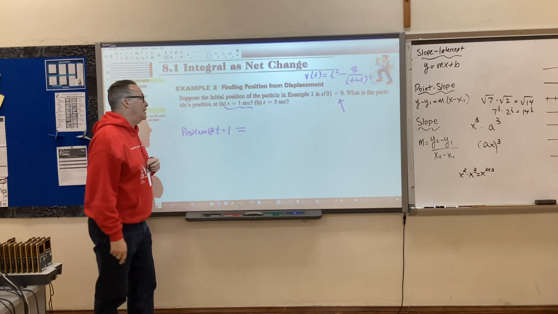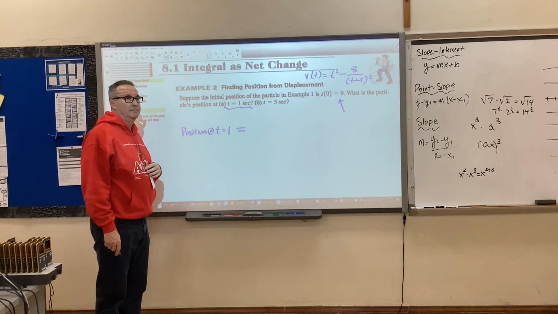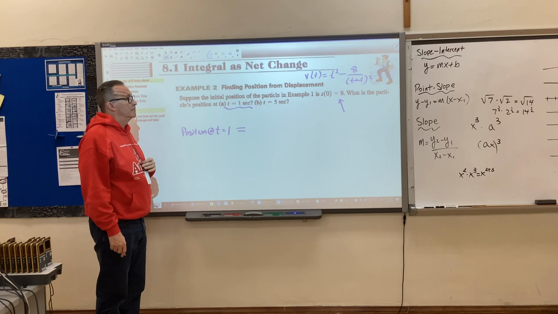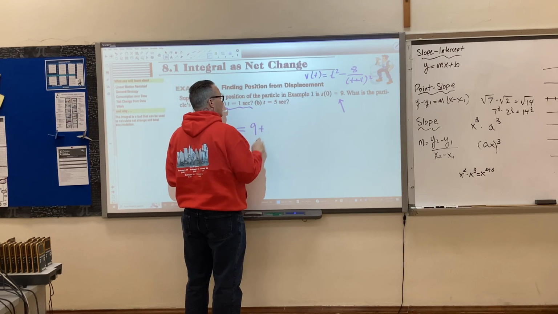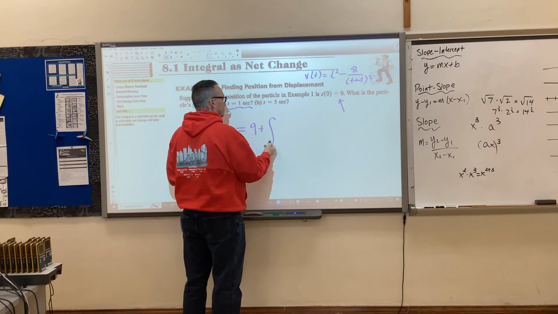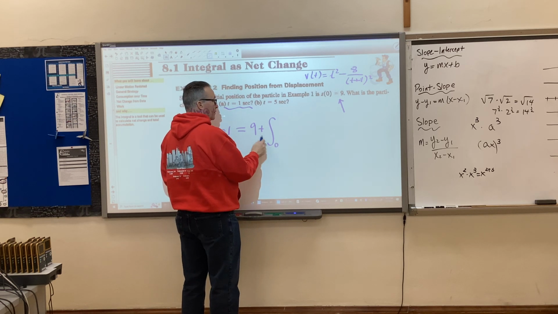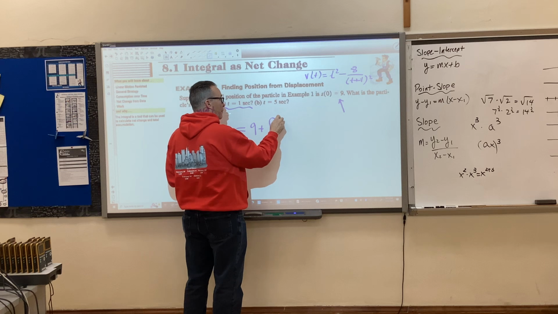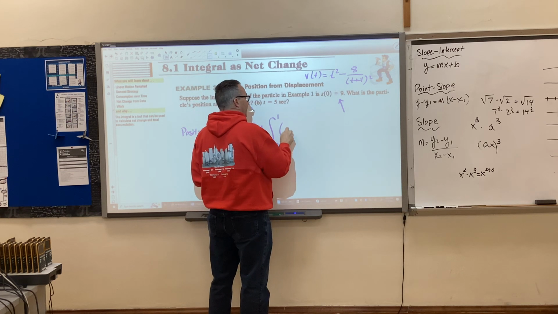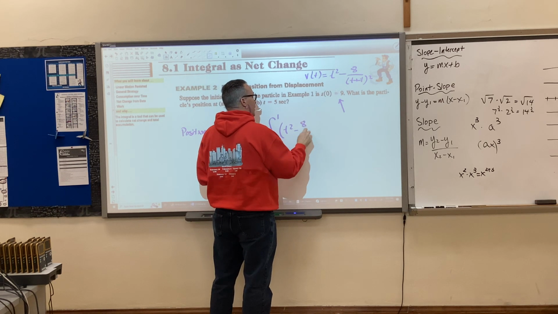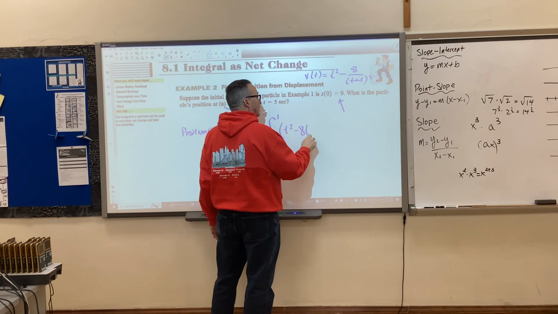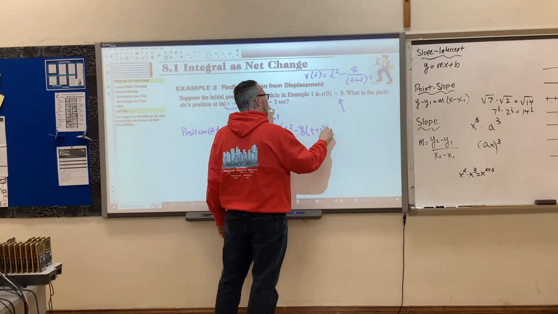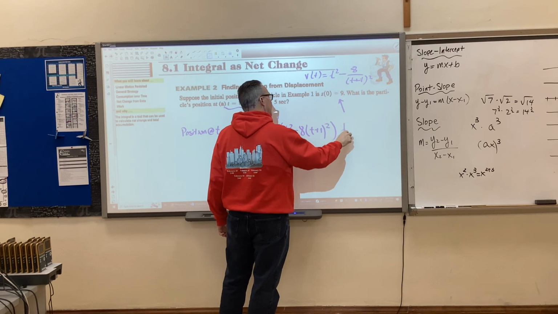So, position at time equals 1 is 9 plus the integral from 0 to 1 of t squared minus 8 times (t plus 1) to the negative 2, dt. I'm going to change the way this looks.